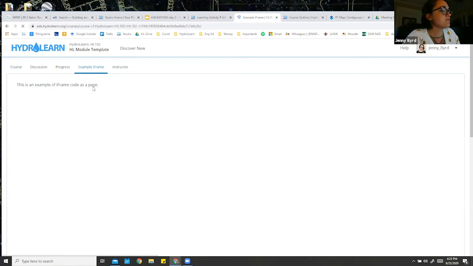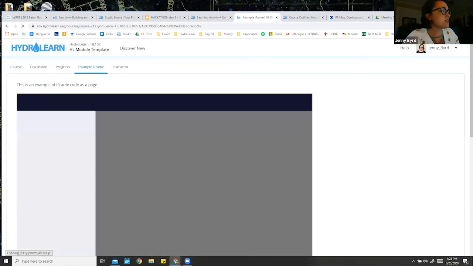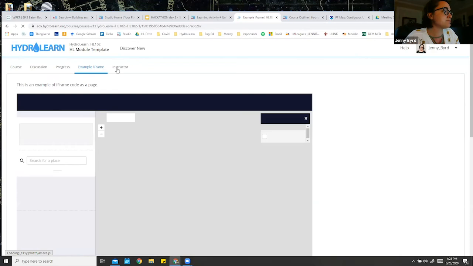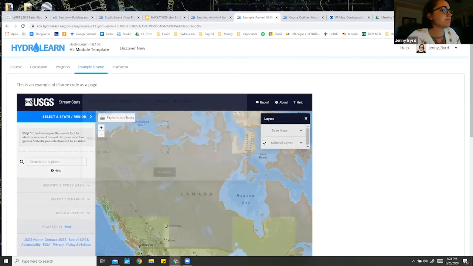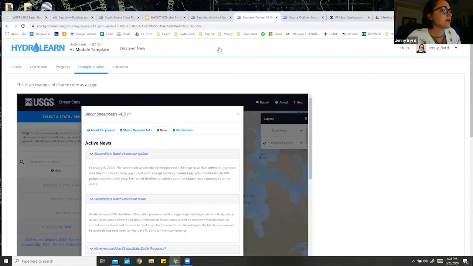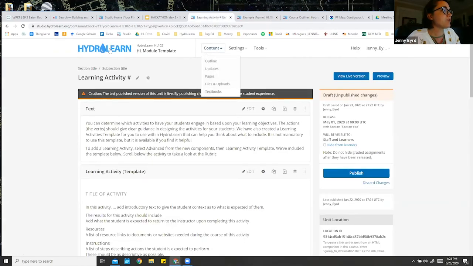If you're working from the module template that you imported yesterday, you'll see that I already have StreamStats loaded up as an example iframe. To add an iframe from within your studio, you click Content and then Pages.